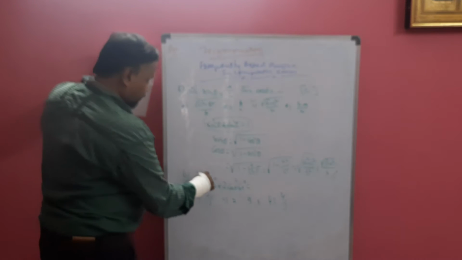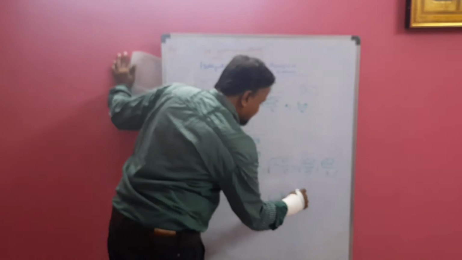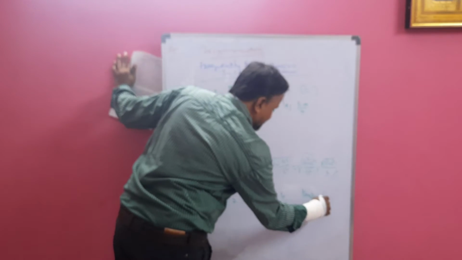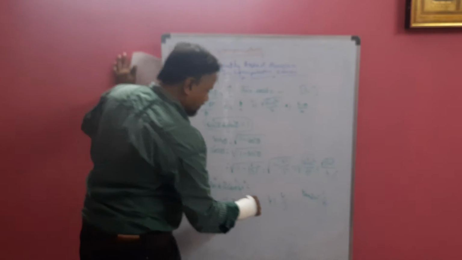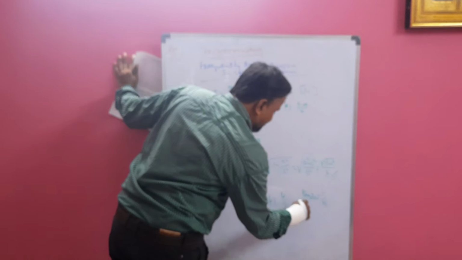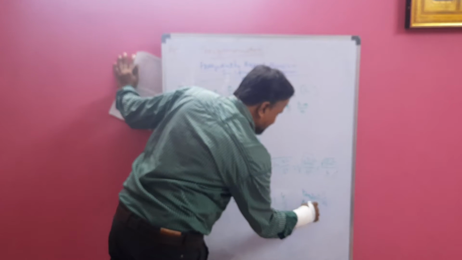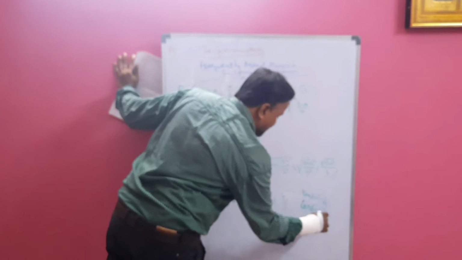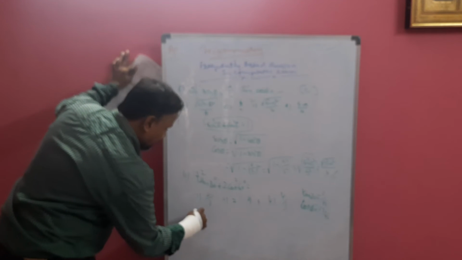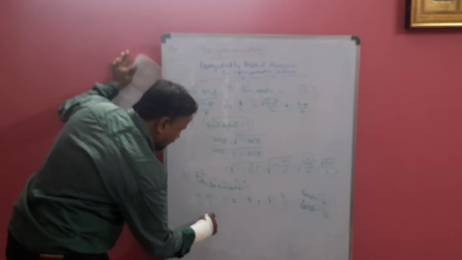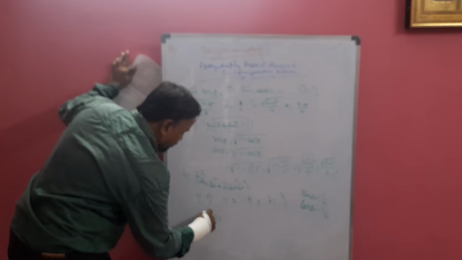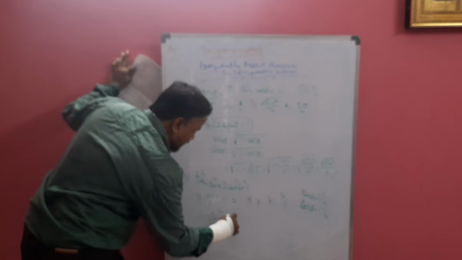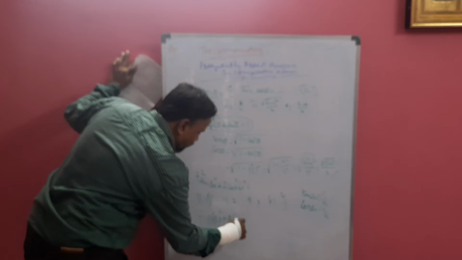Now tan 30, you know that tan 30 is how much? Tan 30 is nothing but 1 by root 3. And cot 60, same, you will get the value. Cot 60 degrees, this is interchanging the value of that one, again 1 by root 3. So square is there, so we can write this as 1 by root 3 whole square plus 2 times again 1 by root 3 whole square.